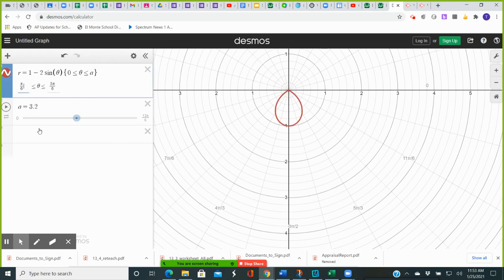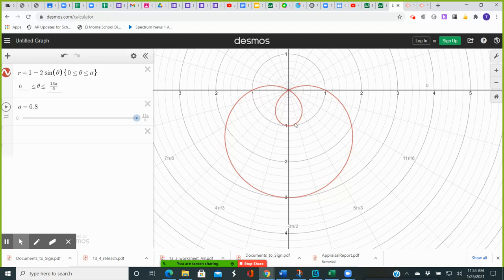And of course, if you want to see the whole thing once again, let me go from 0 to 2 pi would give you the whole thing, but we can go to 13 pi over 6. And there it is.